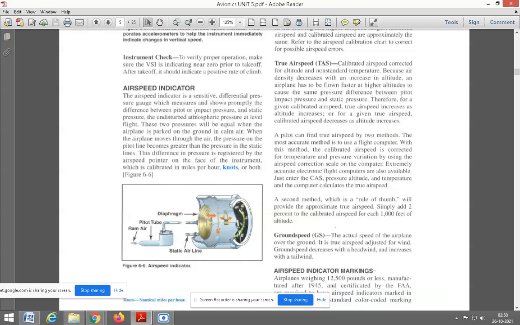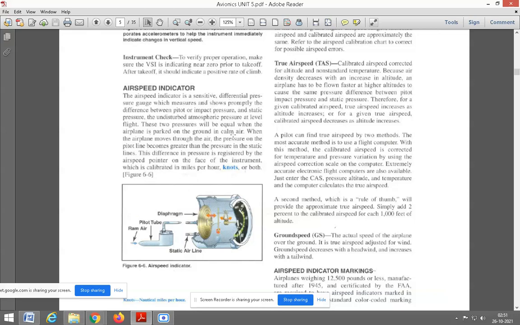These two pressures are measured by your airspeed indicator. These two pressures will be equal when the airplane is parked on the ground in calm air. That means on the ground, before takeoff, these two pressure values will be equal.